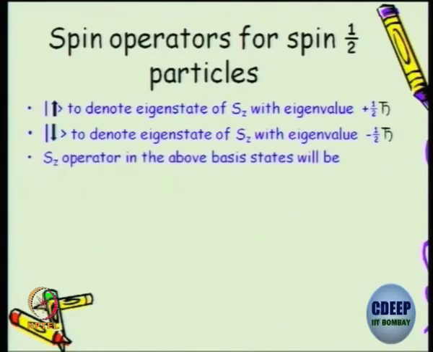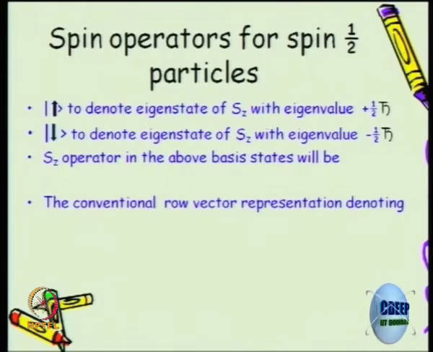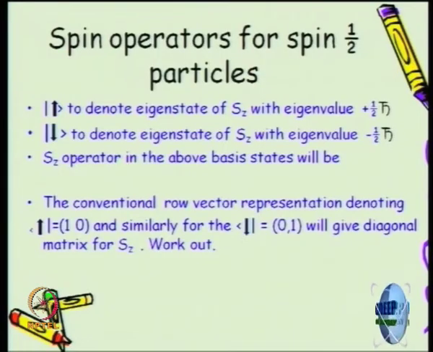For the Sz operator in this basis, you can write the up state and down state, with the corresponding dual vector as a row vector, and you can work it out.